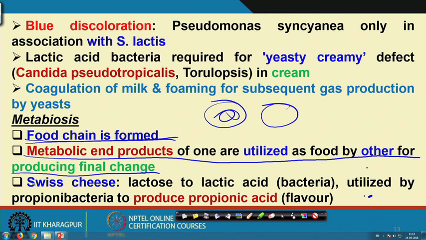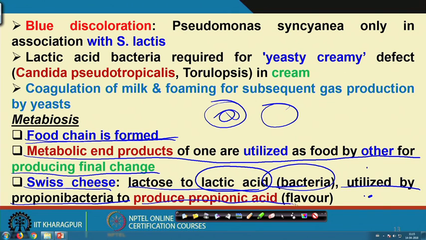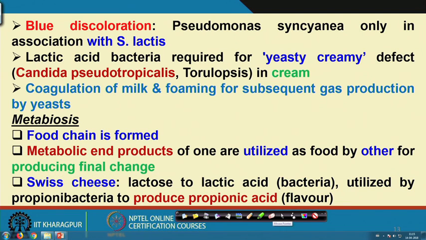In Swiss cheese, lactose is converted to lactic acid by bacteria, which is utilized by propionibacteria to produce propionic acid, which is a flavor-producing compound in Swiss cheese.